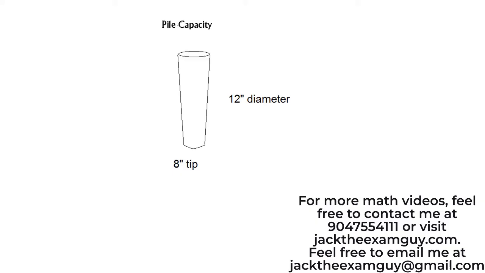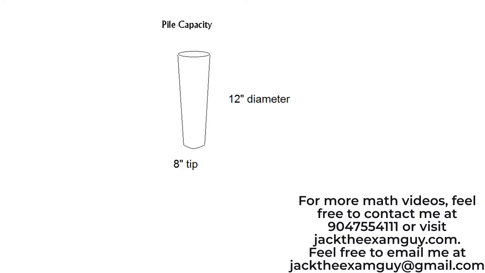A 35-foot wooden pile having an average diameter of 12 inches and a tip diameter of 8 inches is driven into soil that has an allowable bearing capacity of 4 tons per square foot and a shear strength of 700 pounds per square foot. Determine the safe carrying load of the pile, assuming the top 6 feet do not resist any load due to unstable soil conditions. You got all that? Well, if you didn't, it's on page 117, left-hand column, second paragraph.